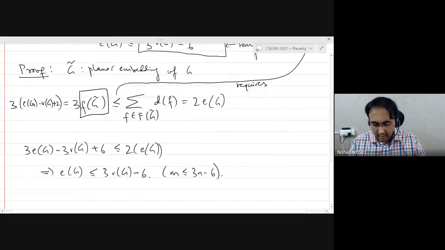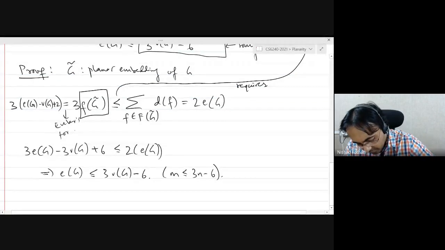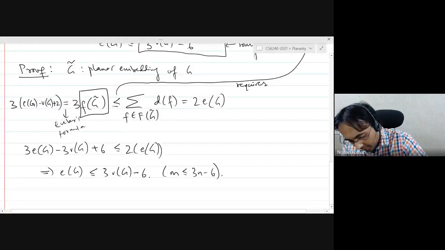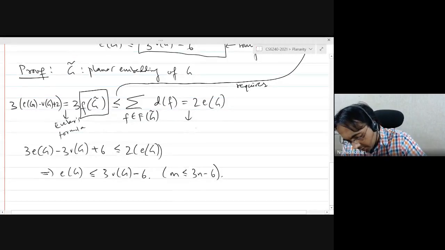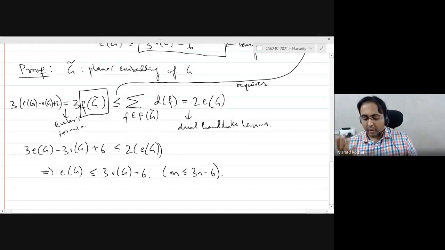Okay, good. So here we are just using Euler's formula, and here we are using the dual handshake lemma. I didn't mention it, but you probably already see it.